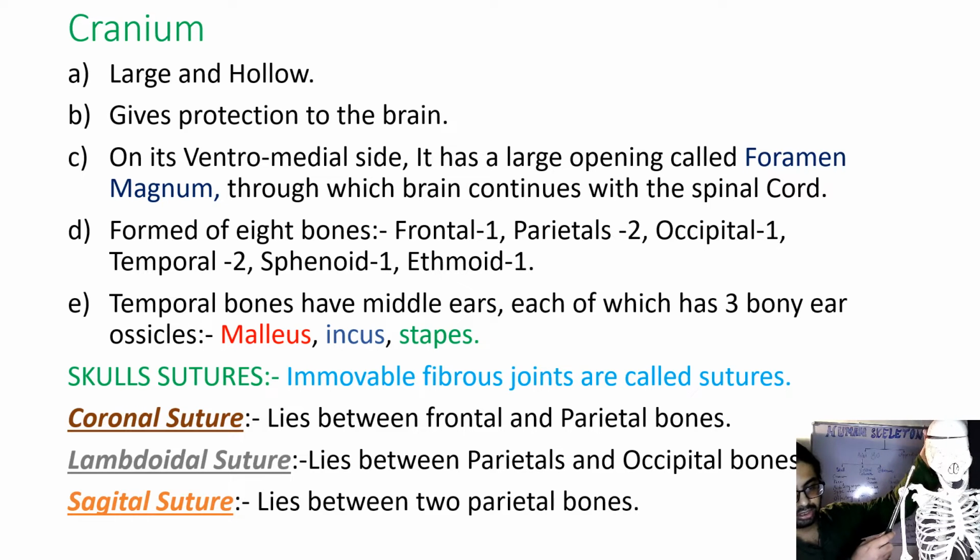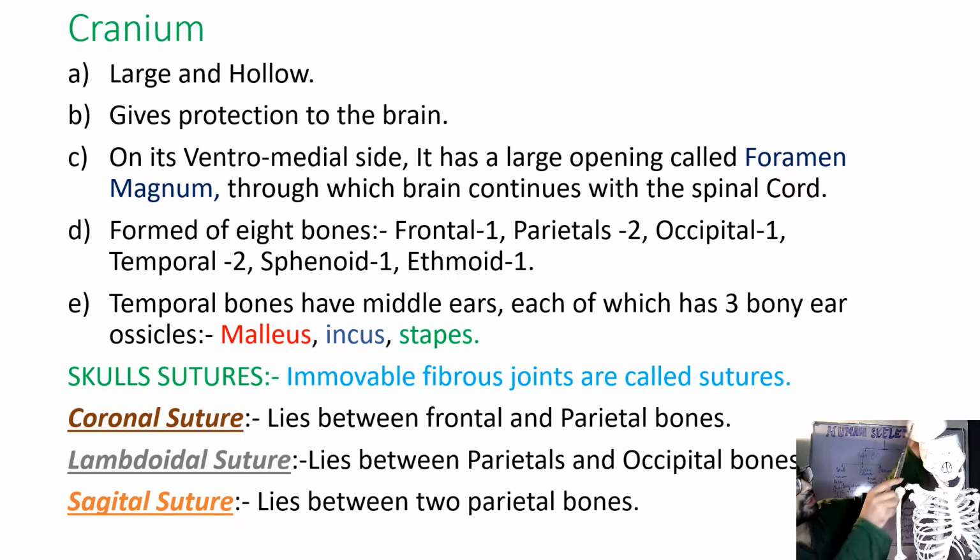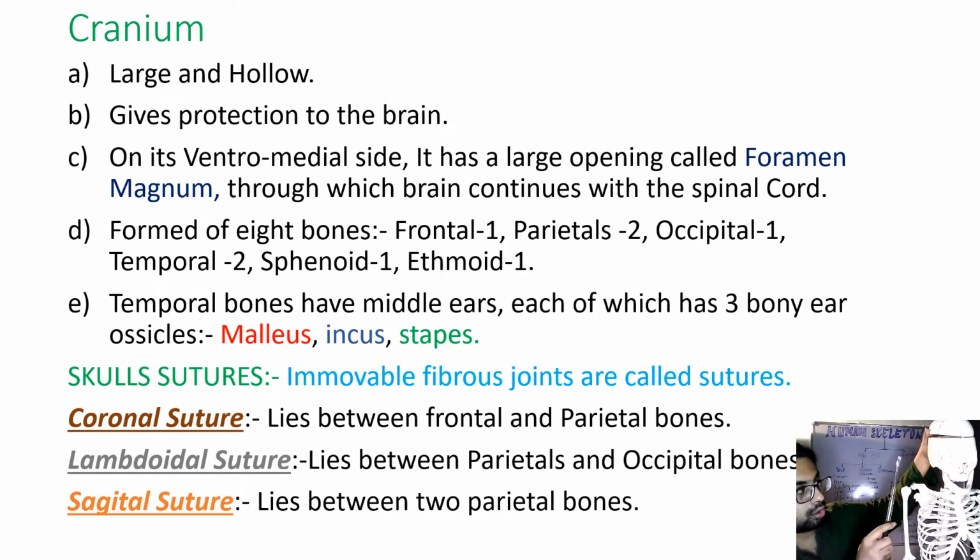Coronal suture, it lies between frontal and parietal bone. So between frontal and parietal bone, the joining fibrous joint, you see, this fibrous joint is known as the coronal suture. So you should remember, coronal suture joins frontal and parietal bones. Lambdoidal suture joins parietal and occipital bones.